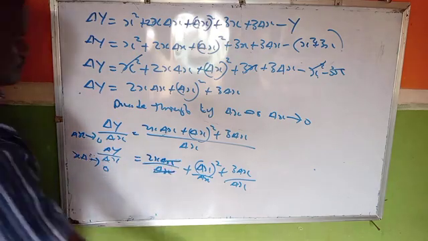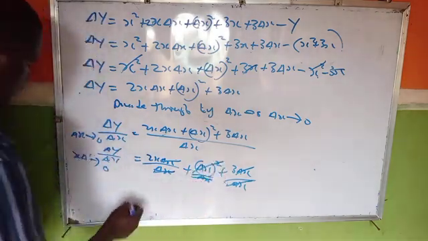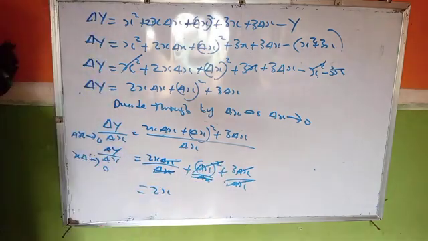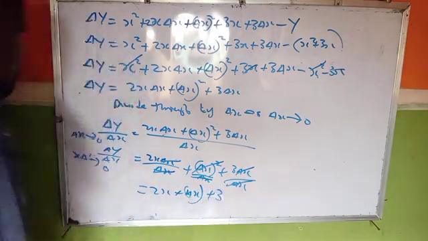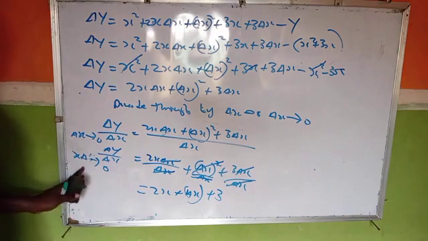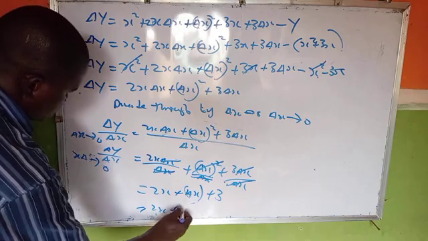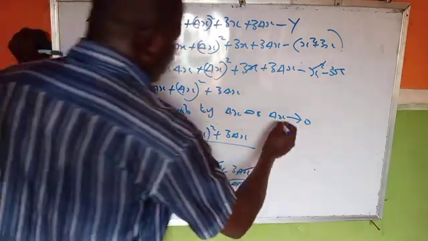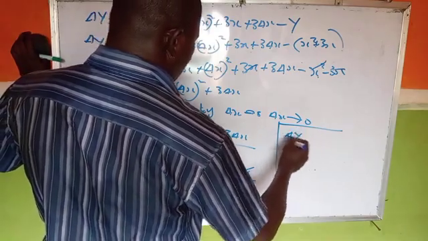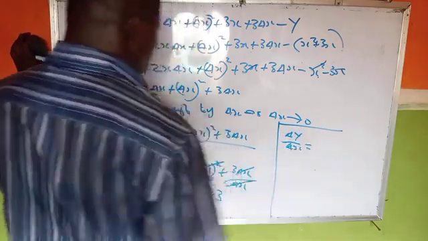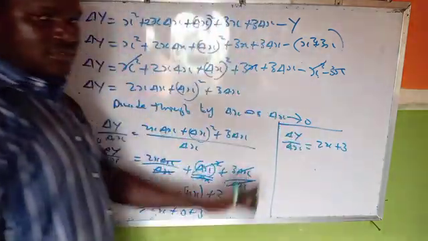The delta x cancels in each term, then you will have 2x plus delta x plus 3. As delta x tends to 0, this one will be 0. Then you will have 2x plus 0 plus 3. So your answer will be dy/dx equals 2x plus 3. So that is it.